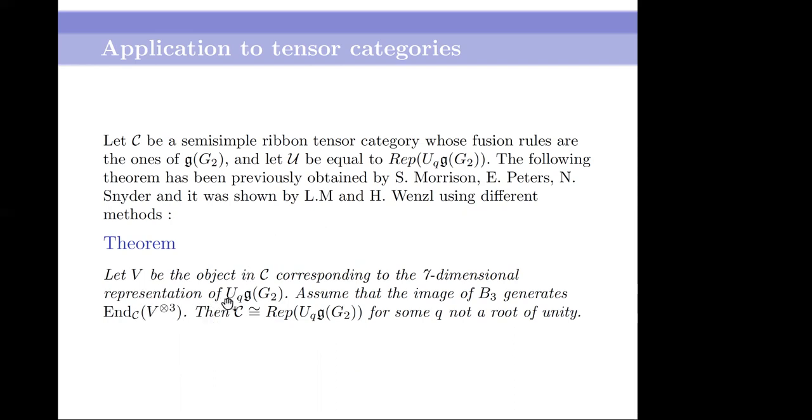If V is an object in C corresponding to the 7-dimensional representation, assume that the image of B3 generates the endomorphism algebra of V tensor 3. Then C is equivalent to the representation category corresponding to G2 for some q not a root of unity.